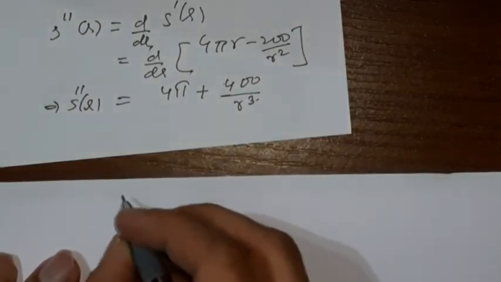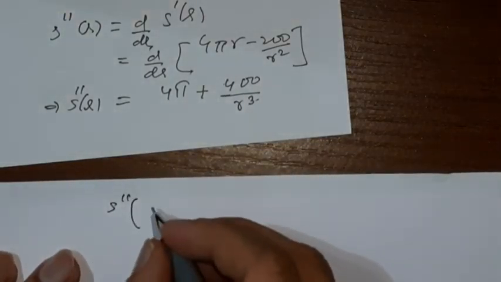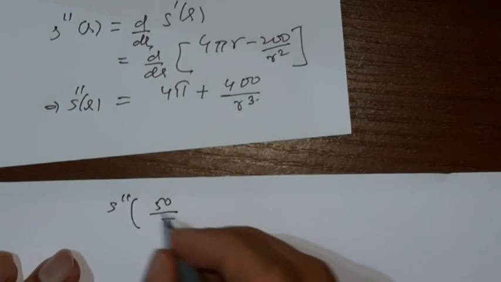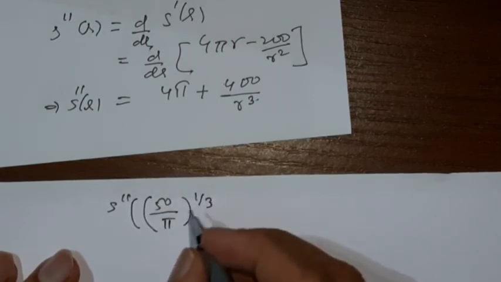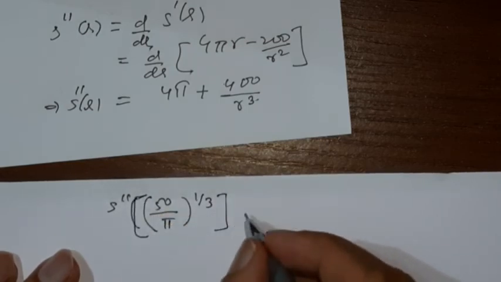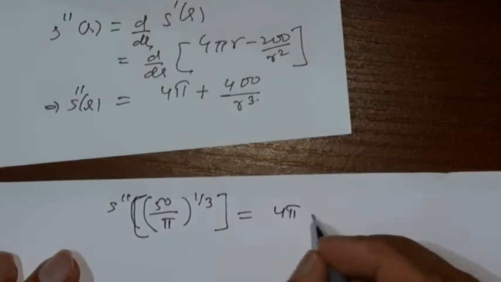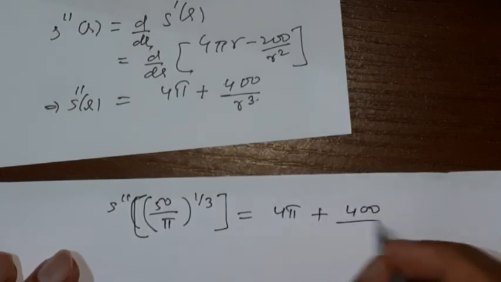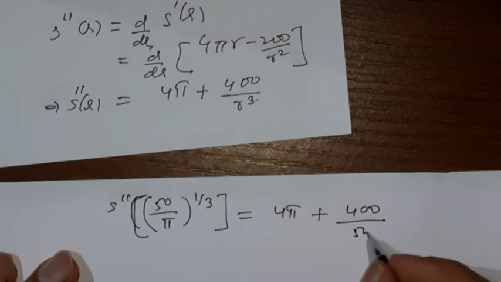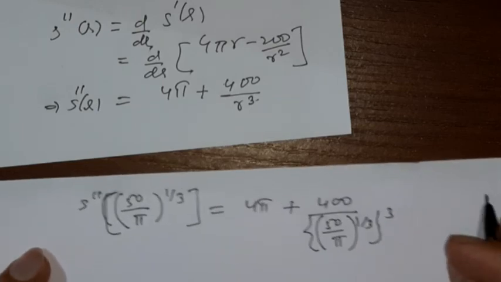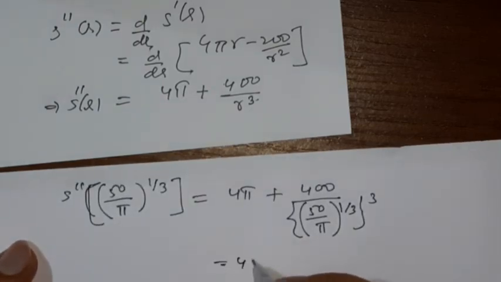S double prime at R, that is 50 divided by pi the whole raised to 1 by 3, is equal to 4 pi plus 400 divided by 50 divided by pi raised to 1 by 3, the whole cube. Now you see that 4 pi plus 400 divided by, the 3 and 3 will get cancelled, you will get 50 by pi.